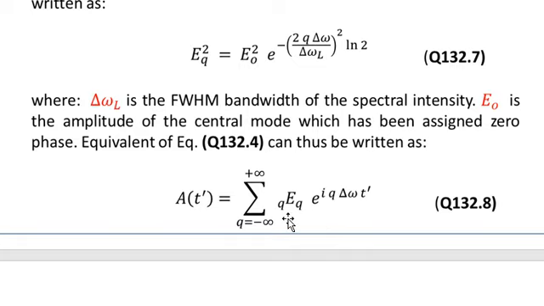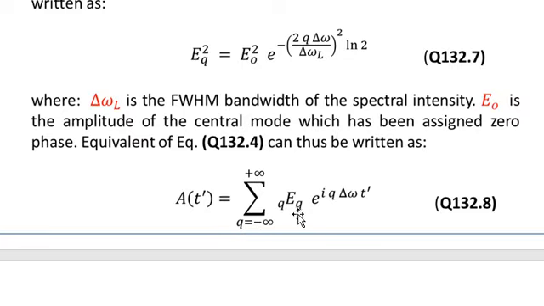So we have q as a pre-subscript, and we have also a q as a post-subscript. So E_q into e to the power iota q delta omega t prime. Here you see that this E has a label index with q as a subscript, and the index is running on the parameter q from minus infinity to plus infinity, assuming that there are an infinite number of modes.